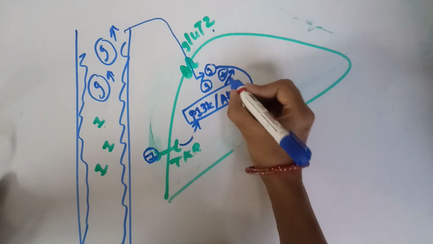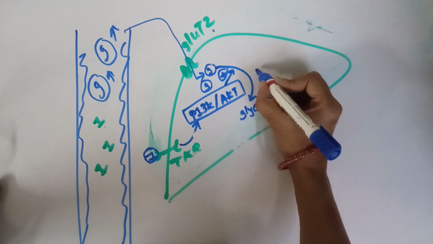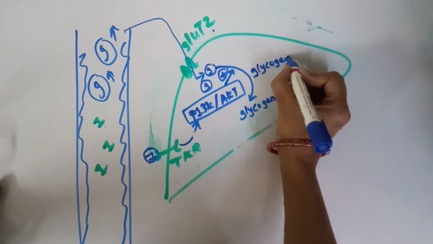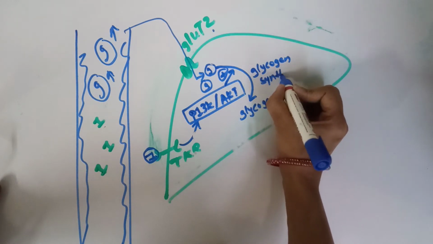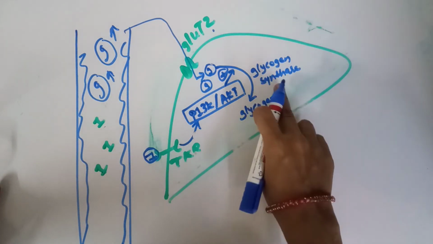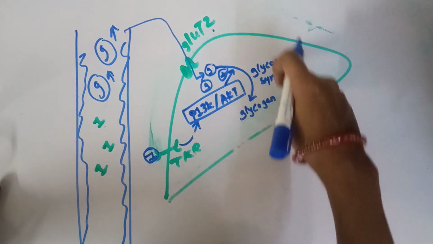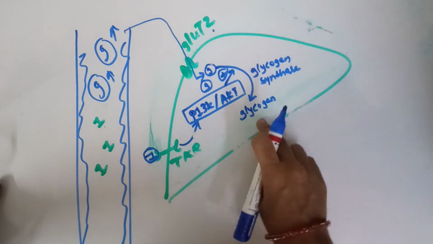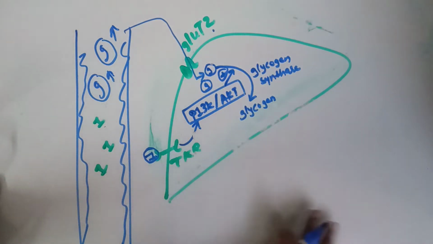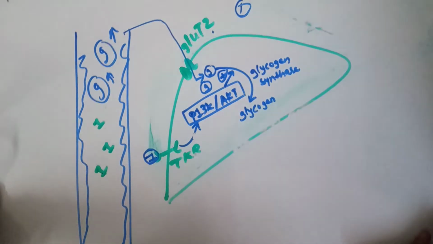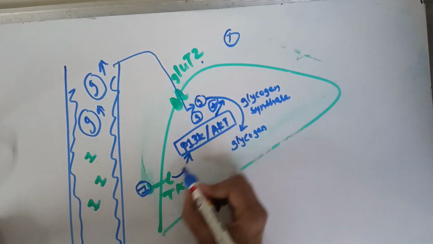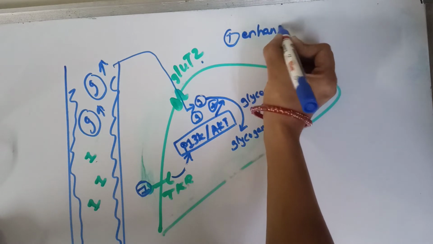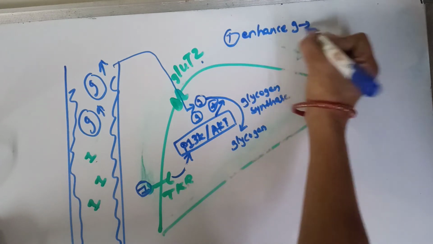How? Because this enzyme stimulates or activates the glycogen synthase enzyme. This glycogen synthase enzyme is important to convert glucose to glycogen. So first thing, insulin enhances glucose to glycogen.